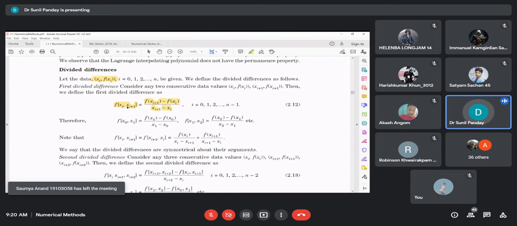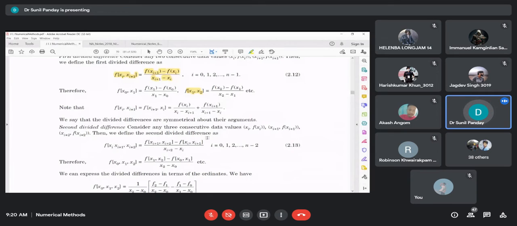So in particular, if I substitute i equals 0, f of x naught comma x1 is f of x1 minus f of x naught divided by x1 minus x naught. Similarly, the divided difference of these two values x1, x2 is f of x2 minus f of x1 divided by x2 minus x1.